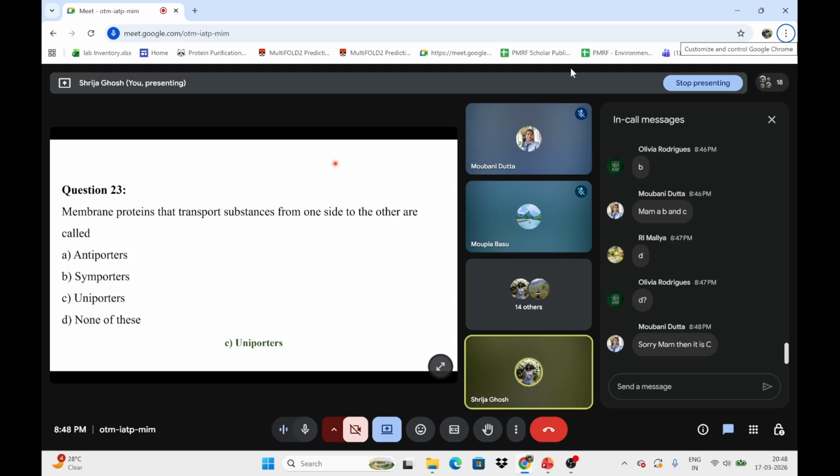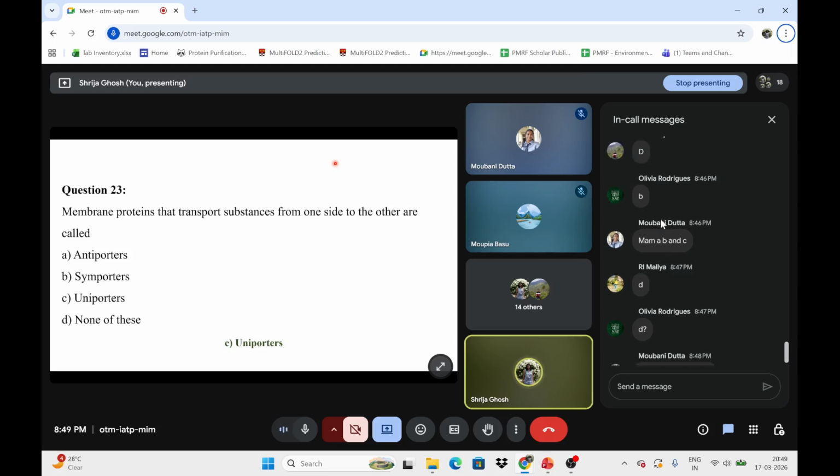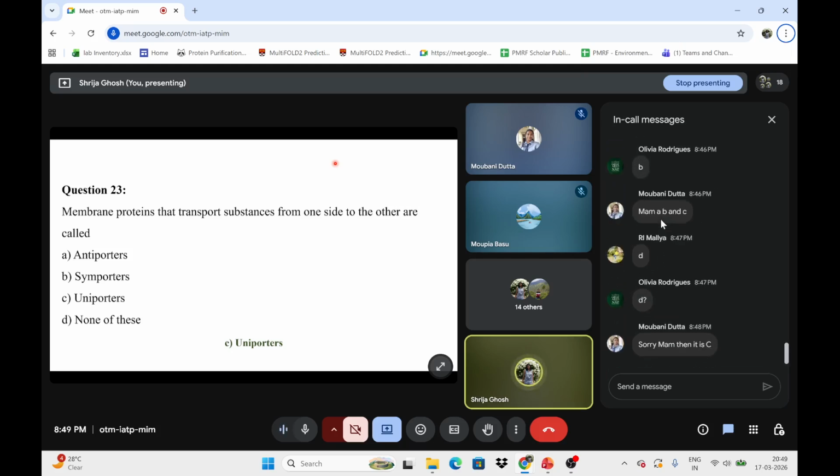I can see that the language was slightly confusing, maybe. I hope all of you now understand the answer. Anyone has any doubt in this? Let me know if you have any doubt.